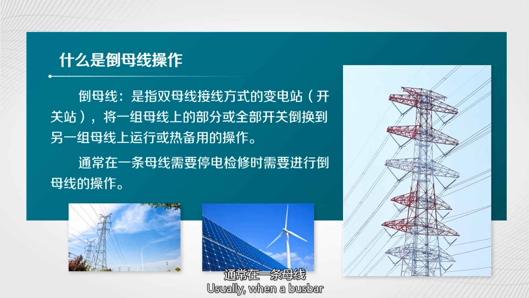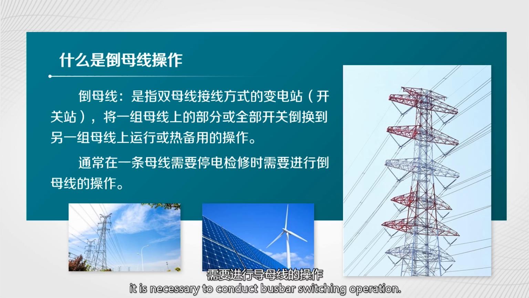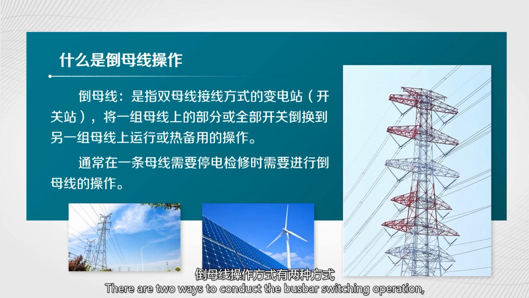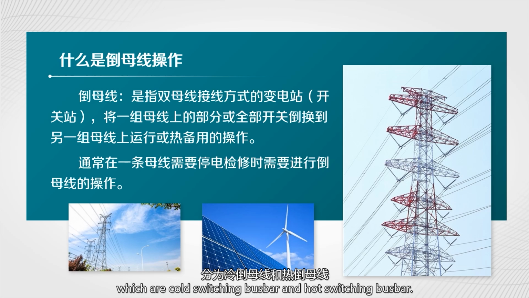Usually, when a busbar needs to be powered off for maintenance, it's necessary to conduct busbar switching operation. There are two ways to conduct the busbar switching operation, which are cold switching busbar and hot switching busbar.